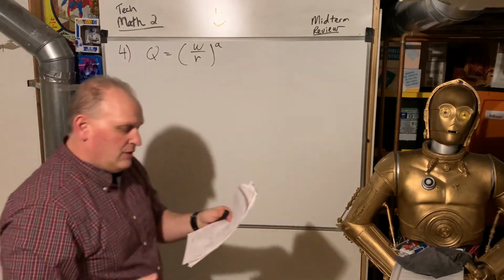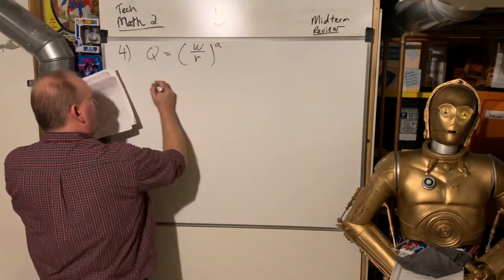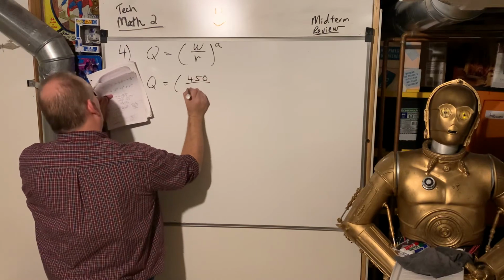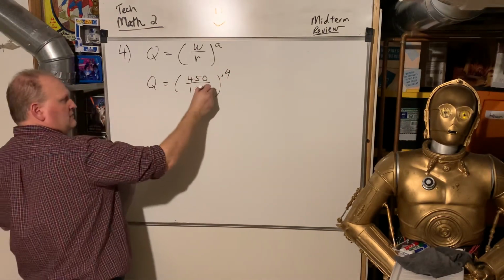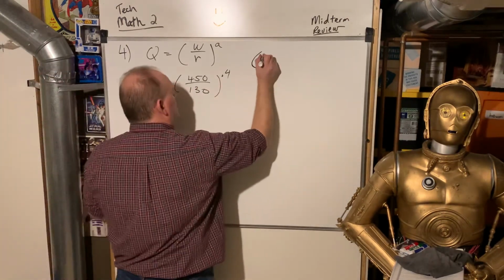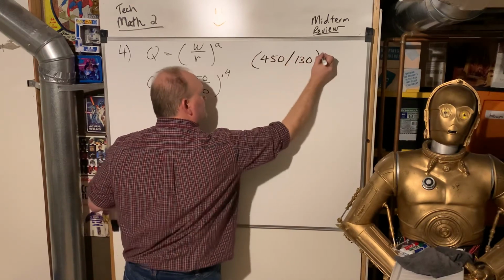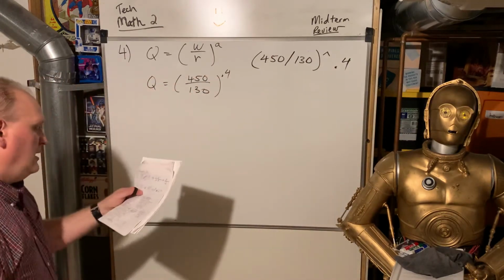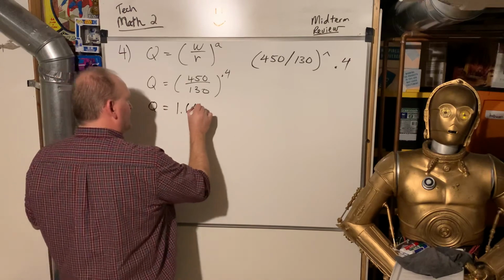So when we have a power raised to a power, we multiply, but you don't even have to worry about that because they give you 450 and 130 and 0.4. And so you just literally click that in your calculator. Make sure you use parentheses and the little power, right? So it would look like this on your calculator. And parentheses, the little caret, and then 0.4. And then you hit enter. Rounded to the nearest hundredth, so that's 1.64. Okay?